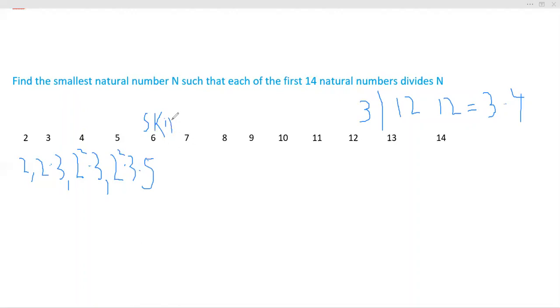We'll omit or skip 6. And we certainly need 7, don't we? So we just have to concatenate 7 onto this number, and hope I don't run out of room here. So we'll have 2 squared times 3 times 5 times 7.